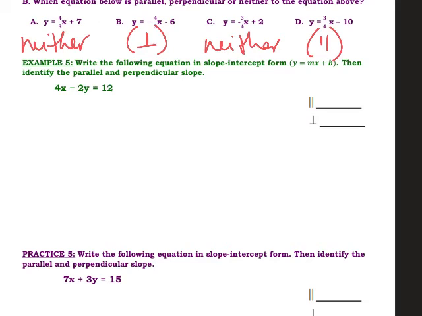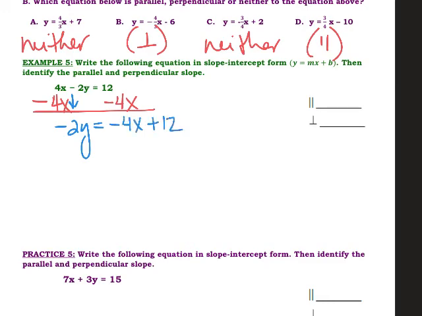So what should I move over first? All right, let's subtract the 4x. Now when you rewrite it, make sure you bring down that negative in front of the 2y. And which one do I write first? The negative 4x. Is that a positive or negative 12? Positive 12, good. And what's our last step?